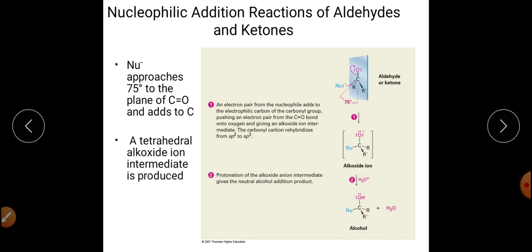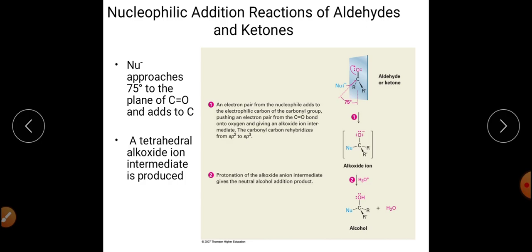Whatever the nucleophile we have taken, for example, CN negative, the hydroxyl group, or some other neutral nucleophile, that nucleophile will approach the carbonyl carbon at an angle of 75 degrees and will add to the carbonyl carbon.